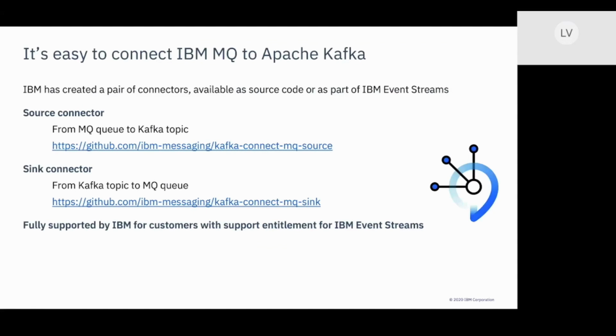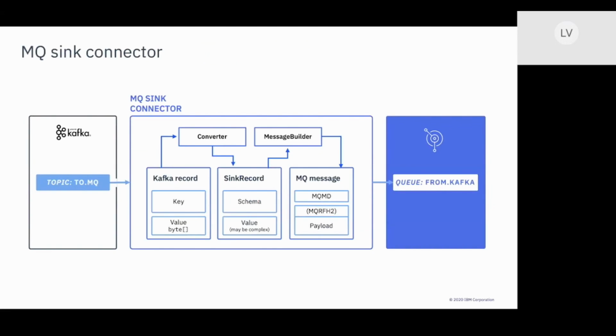But what we have created in MQ, in fact, this is a queue. The name could be from Kafka. That's up to you to define what is the name. And what we're doing in Kafka, we just create a topic called to.mq. That's what you must do during the lab. And we leverage the MQ Sink connector.